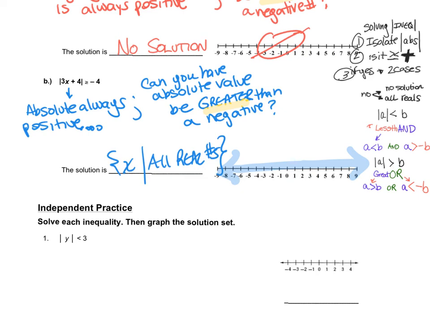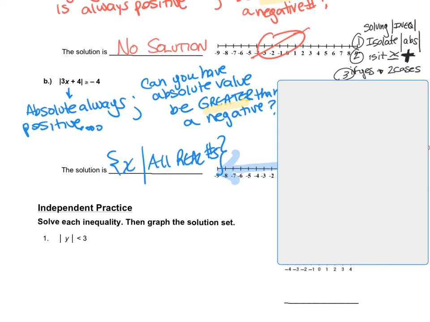So in theory, if it helps you understand a little bit more, now this is a little bit of a shortcut. These are the special cases. If your absolute value is less than a negative, then that's called no solution.